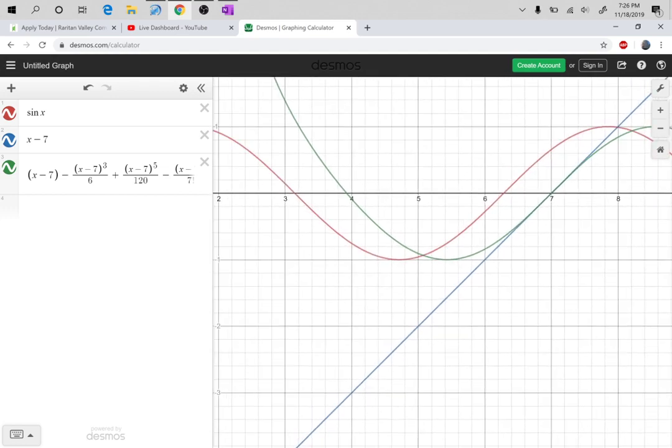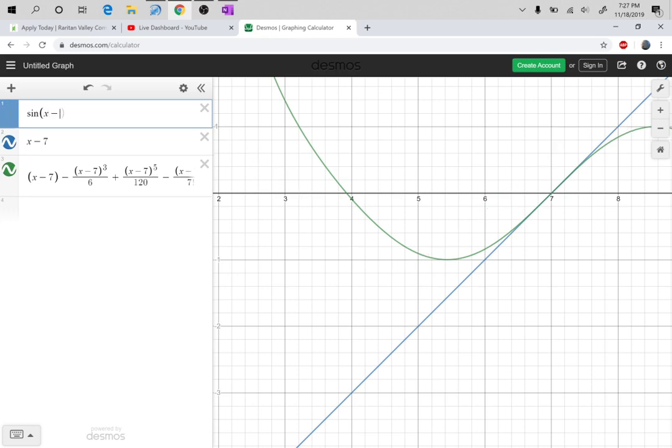Oh, something is... The red one. But sine x minus 7. You haven't changed sine x yet.